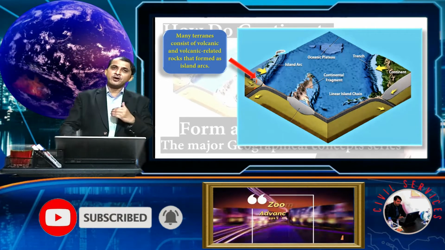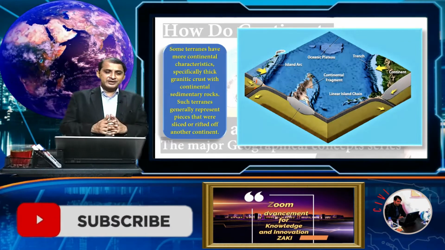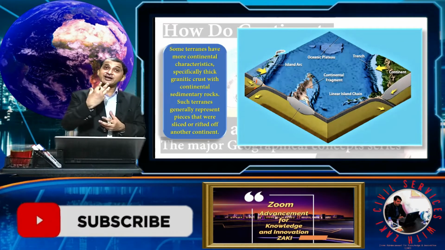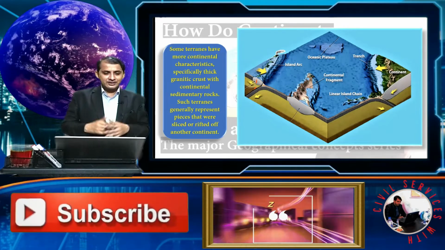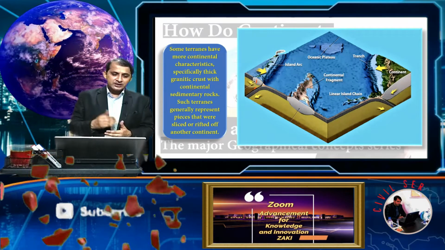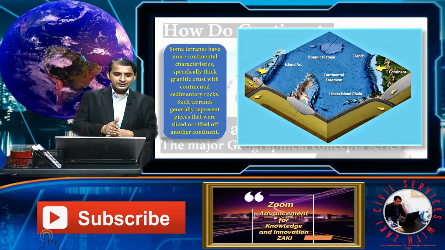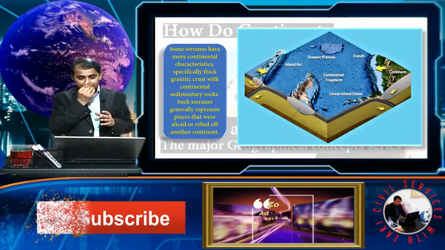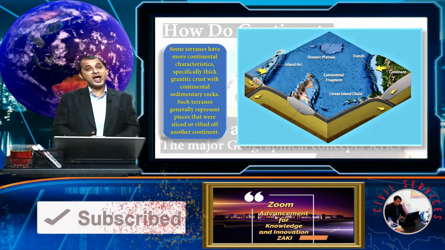Further, some of the continental fragments: some terranes have more continental characteristics, specifically granitic crust with continental sedimentary rocks. Such terranes generally represent pieces that were sliced or rifted off from another continent.